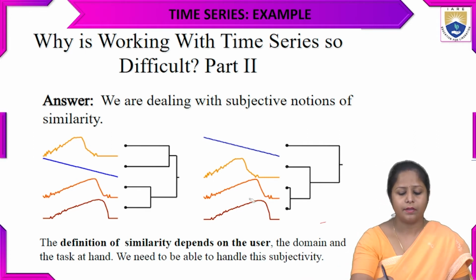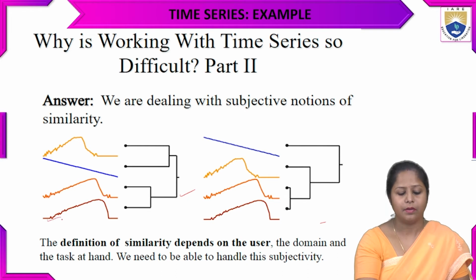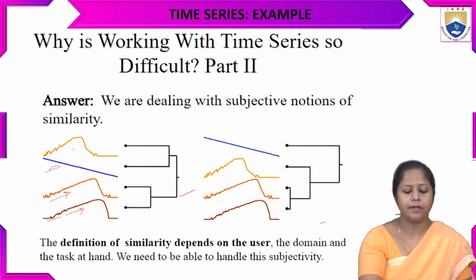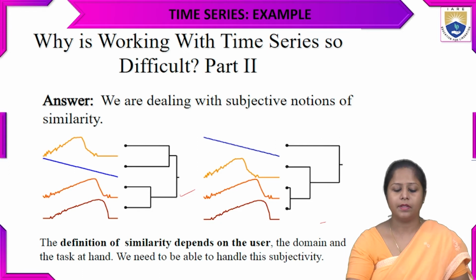The representation of the data, the brown line, the dark yellow line, the blue line, the straight line and the yellow line, represents the time series related to some field.